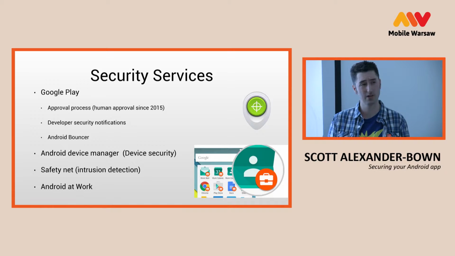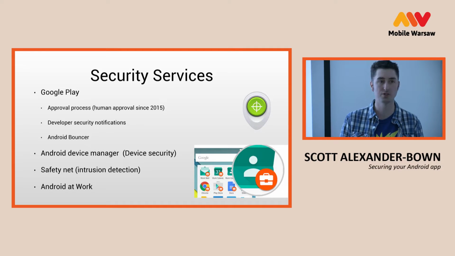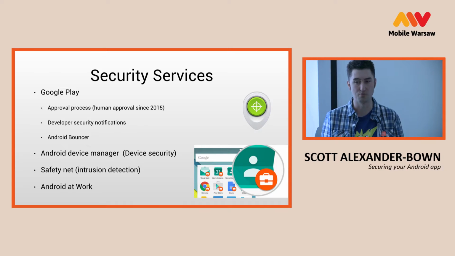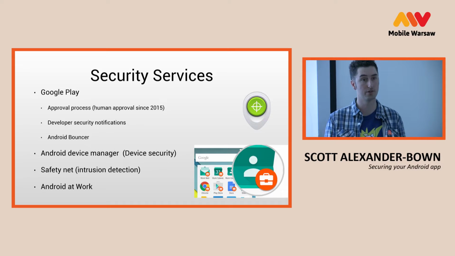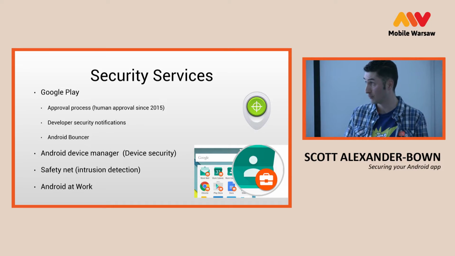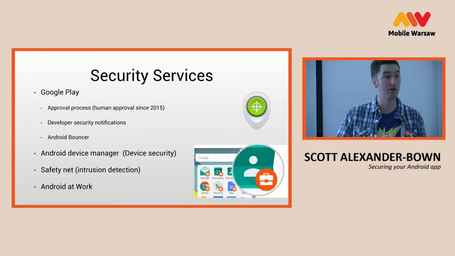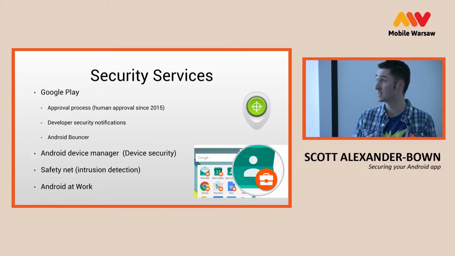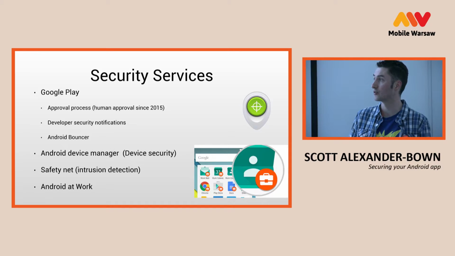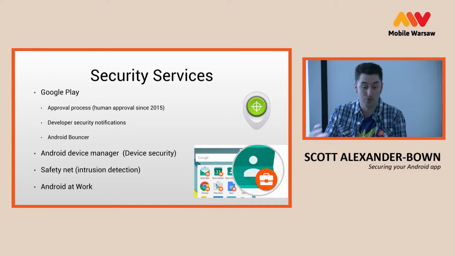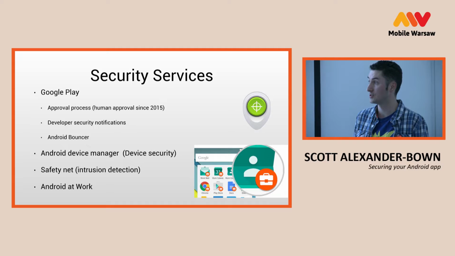So if you bundled, say, a vulnerable version of OpenSSL, or there was also a significant vulnerability found in the Cordova platform, you'd get an email notification, and in some cases they would pull apps that didn't respond to that. So that's been a good way of them scanning your app and notifying you of potential issues.